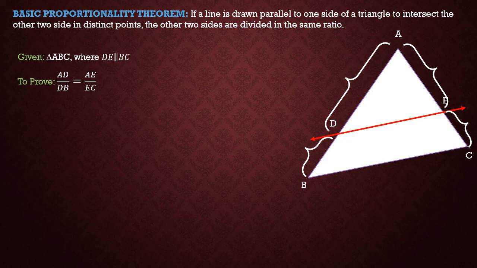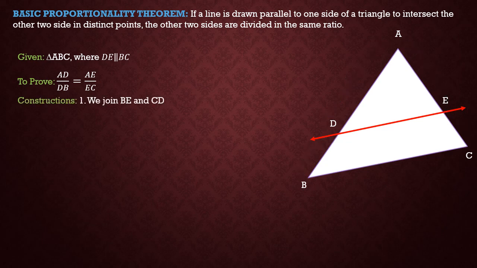Similarly, we will have DB and EC also acting as the base of two triangles. But which two triangles? We will have to join BE and CD to get those two triangles. Joining BE gives us the triangle DBE, and when we join CD, we have the triangle ECD.